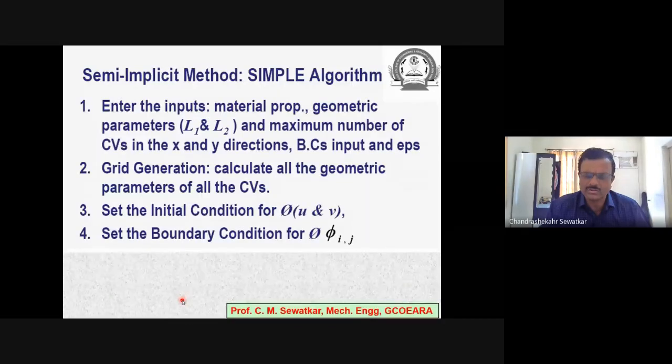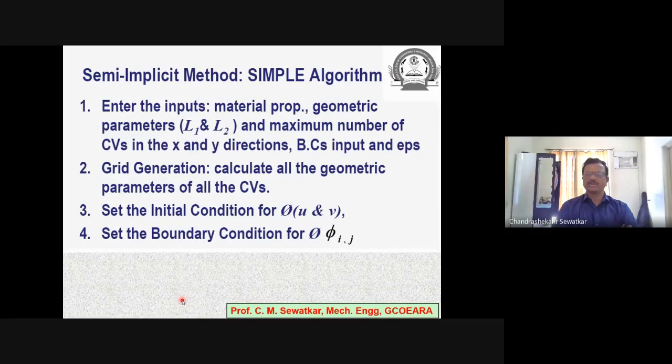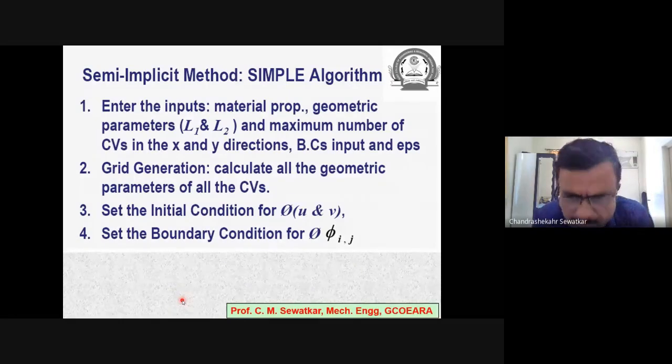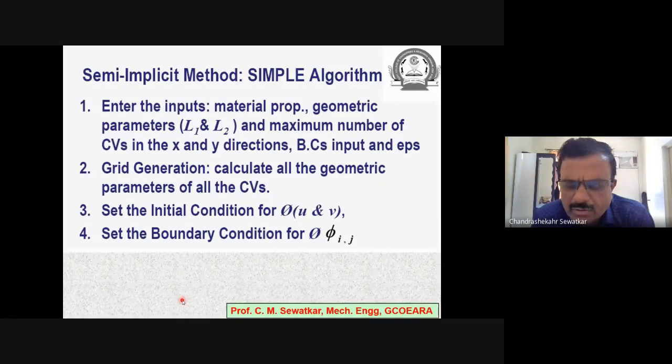So L1 and L2 come there. The maximum number of control volumes in X and Y directions are to be included. Then boundary condition inputs, if your boundary condition requires certain input, are to be entered at the beginning itself. And epsilon, this epsilon is the convergence criterion.